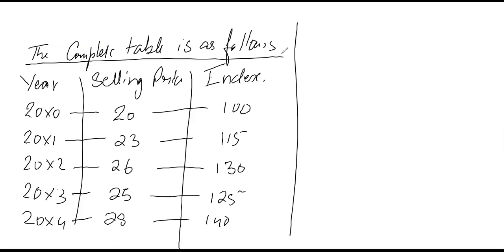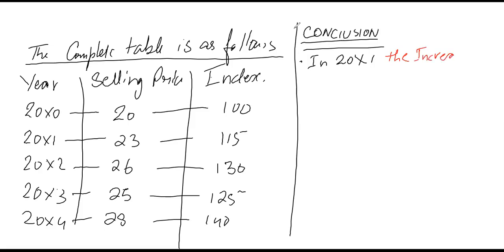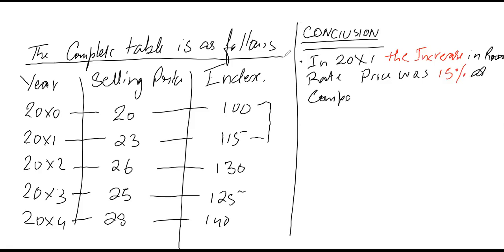Now, what this table is showing us, if I write conclusions, I can easily conclude that in 2001 the increase in room rate price was 15% as compared to the base year, that is 2000.